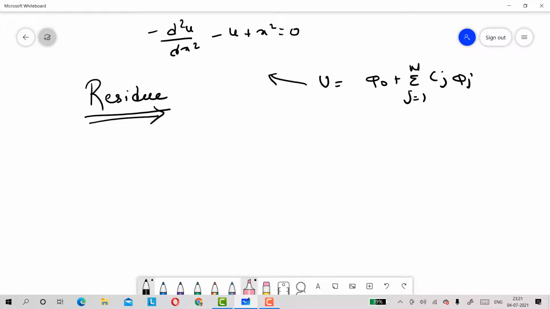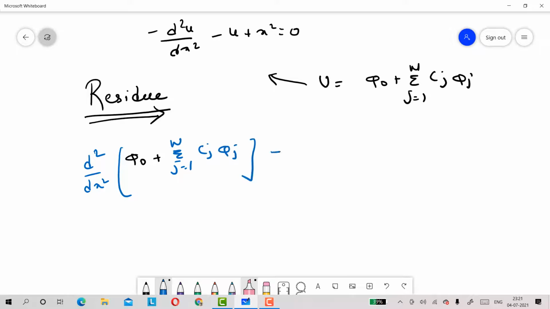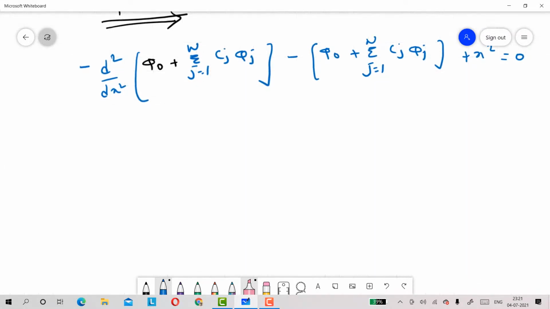On putting phi naught plus sigma j equals 1 to n of cj phi j, minus phi naught plus sigma j equals 1 to n of cj phi j, plus x square equals 0. Now we will do the differentiation.